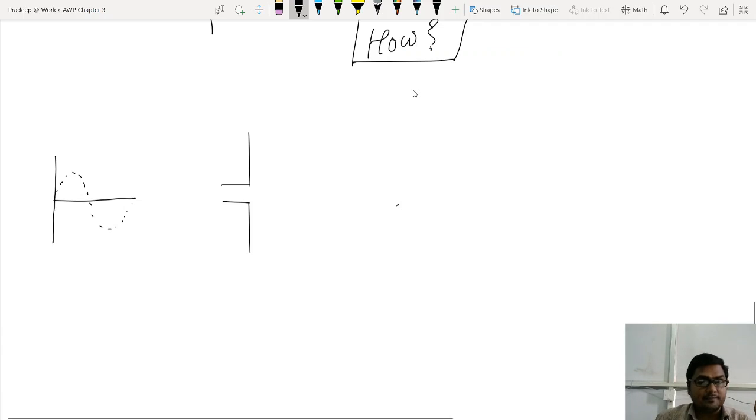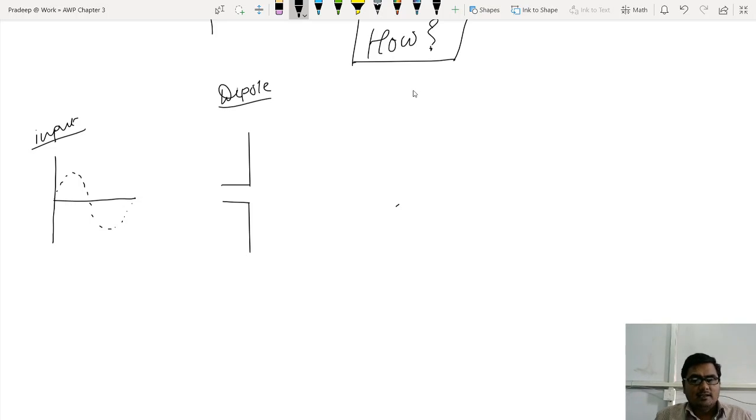This is my input signal, and this is the dipole. So the input signal is fed to the dipole. What is there on the x-axis? Obviously, it is the time period, time period T.